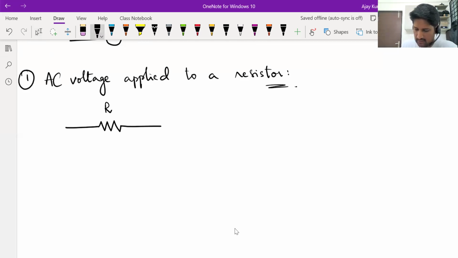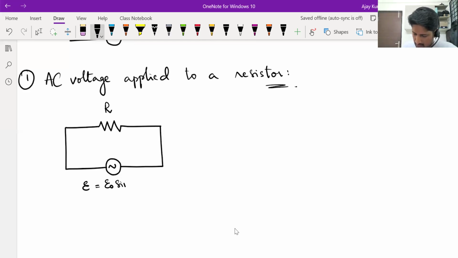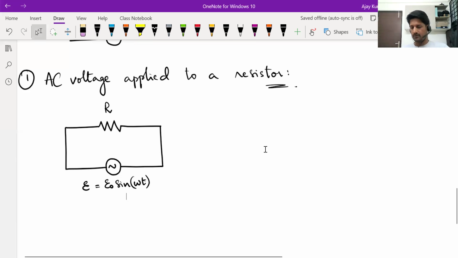Assume the resistance is R and it is connected to a source of alternating EMF. And the equation for the alternating EMF is this simple equation, E naught sine omega t.